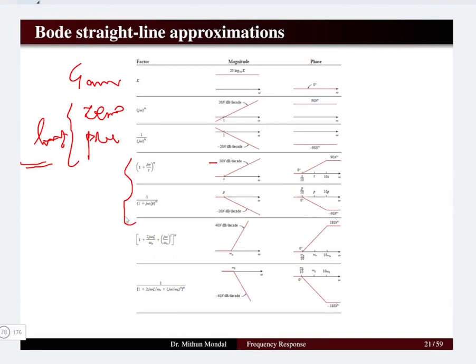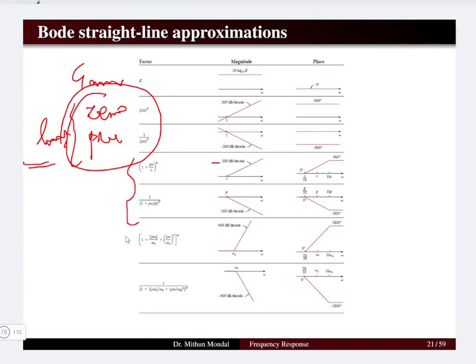So this one will have the simple pole, and the zero and pole at the origin, and then we can have the quadratic pole and zero also. We can obtain the magnitude plot and the phase plot step by step in a systematic procedure, and then we can obtain the graphical connection between them.